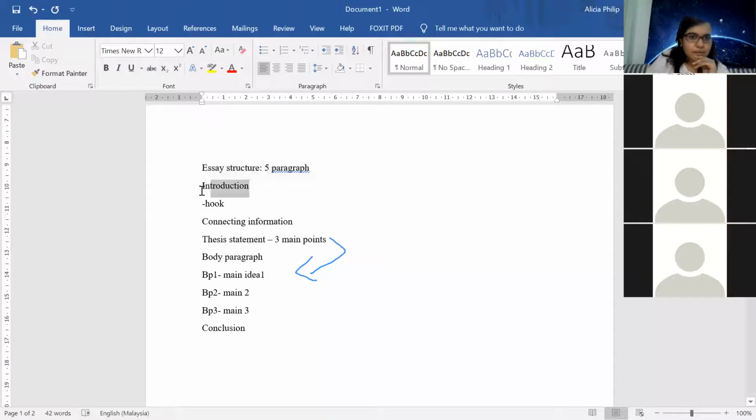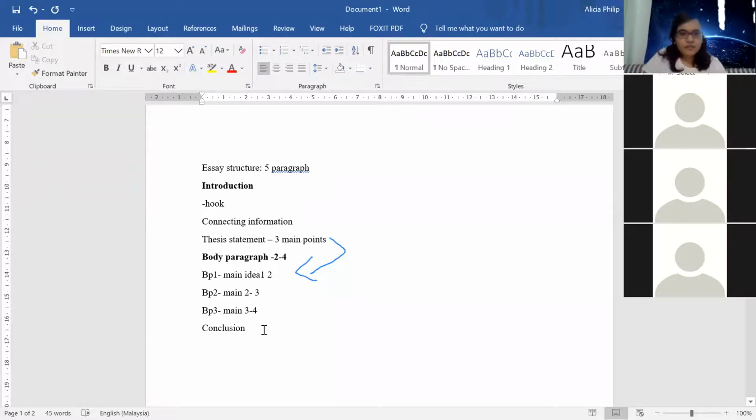Okay, so let me just highlight this. Paragraph 1. Paragraph 2. Paragraphs 2 to 4 are here. So here is paragraph 2, paragraph 3, paragraph 4.